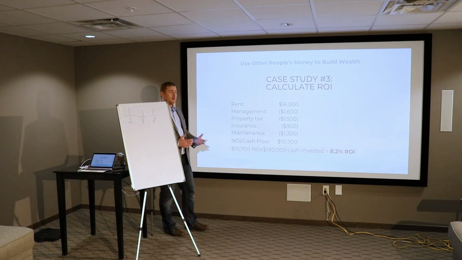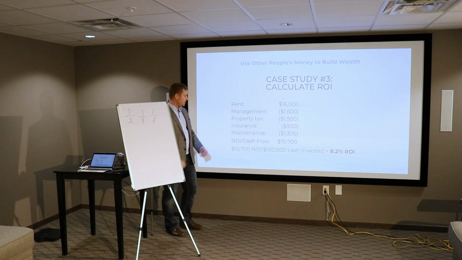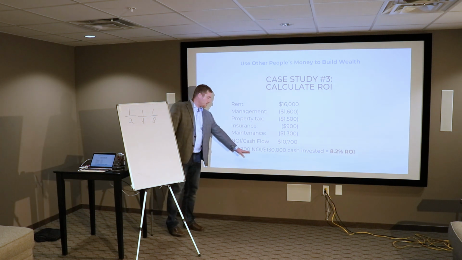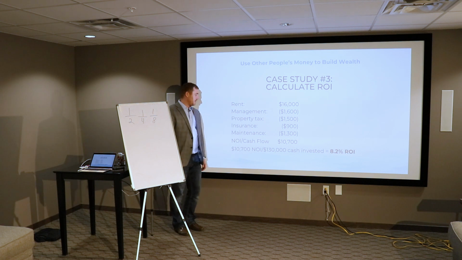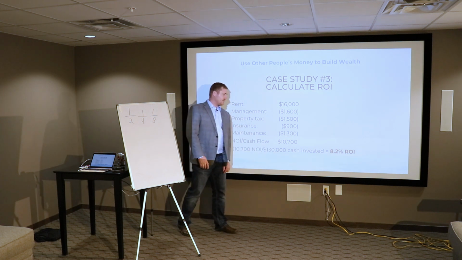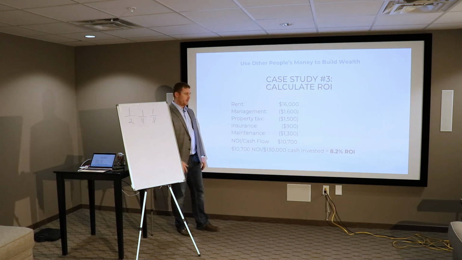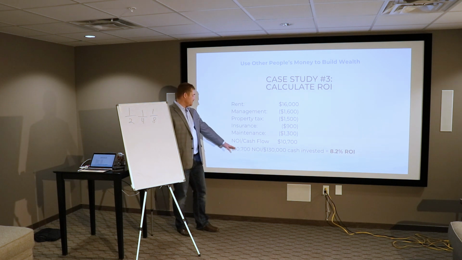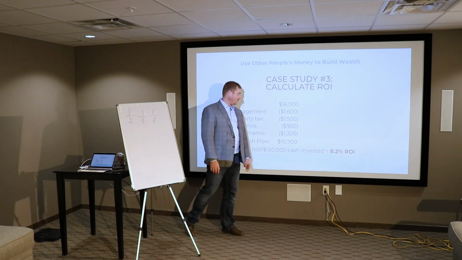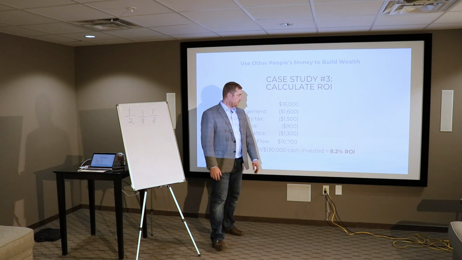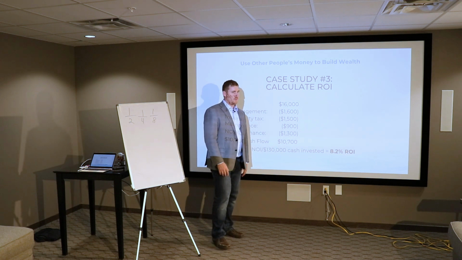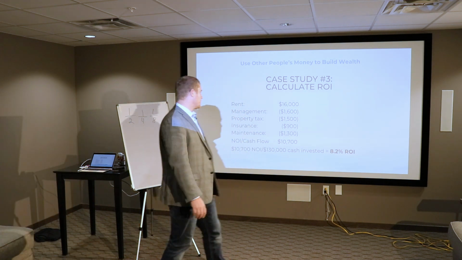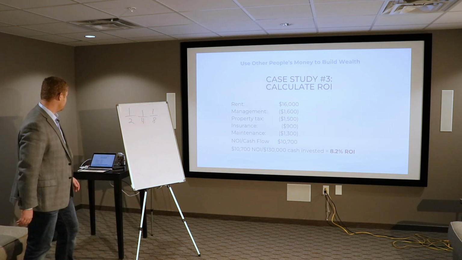Now to figure out the return on investment, simple calculation, take our cash flow or NOI, it's the same thing in this case, and divide it by the cash invested. We invested $130,000 for this property, so $10,700 divided by $130,000 gives us 8.2% return on investment. So 8.2% is the answer in this case.